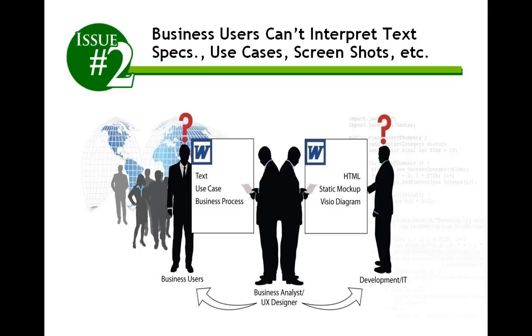Oftentimes they just sign off on these giant documents without really reading or understanding them. Then the business analyst is forced to hand these artifacts downstream, and there's confusion about what to build from the downstream organizations as well.